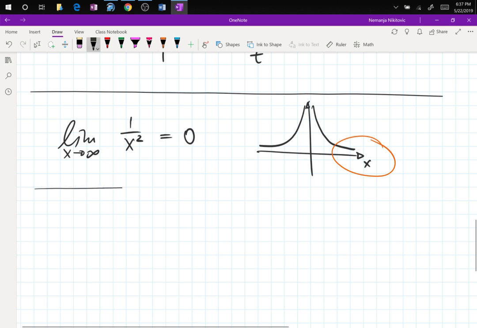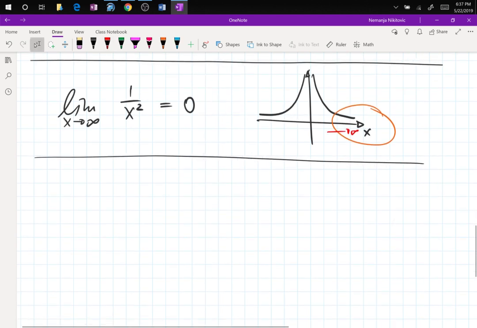As you go to infinity, the black line of the function approaches the x-axis, going to 0. That's your horizontal asymptote.